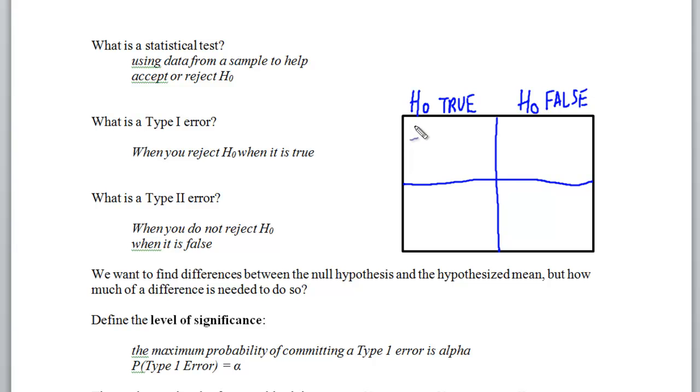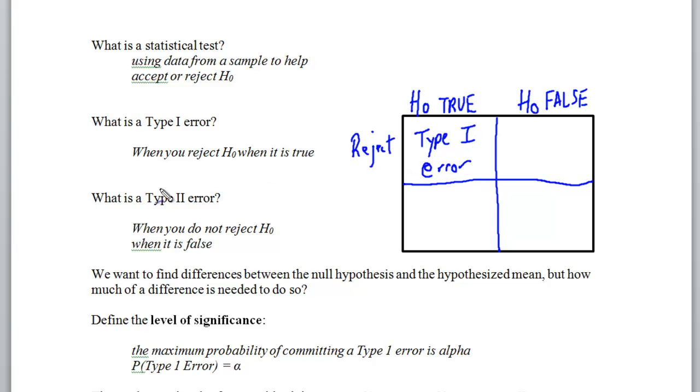All right, now let's make a 4 square little chart right here. So let's say, for example, that I'm going to say that attendance doesn't change after spring break. Well, if that's true, but you reject that answer, you've made a mistake. You've made something called a type 1 error. And 1 is a numerical 1.